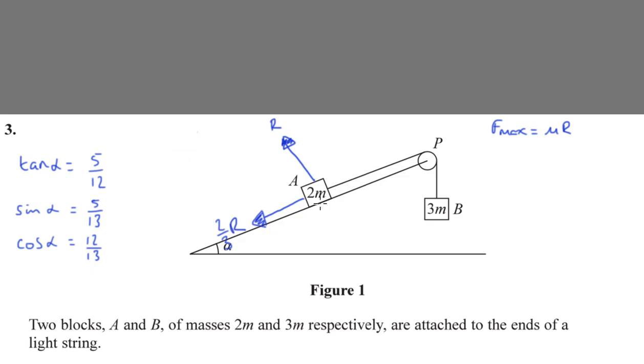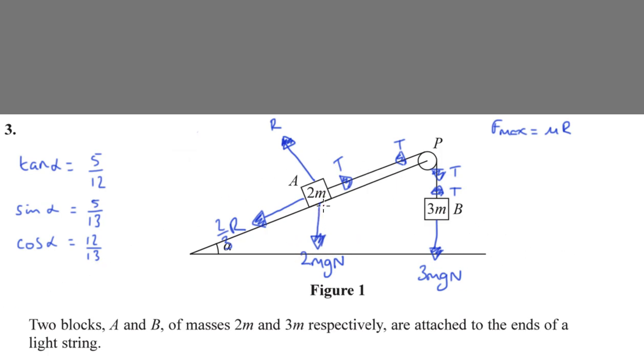I can also add on the weight of object A, which will be 2mg. I can add on the tension in the string, which, because it's smooth and inextensible, will be constant throughout. I can add on the weight of object B as well, which will be 3mg newtons. There we go.